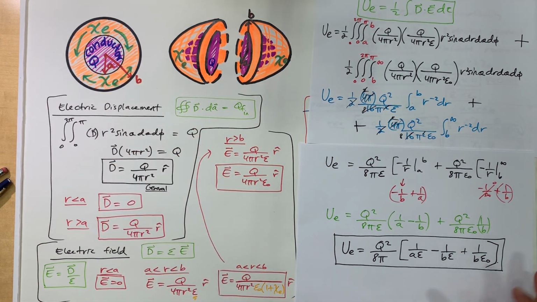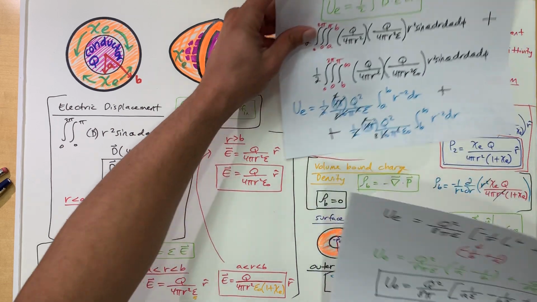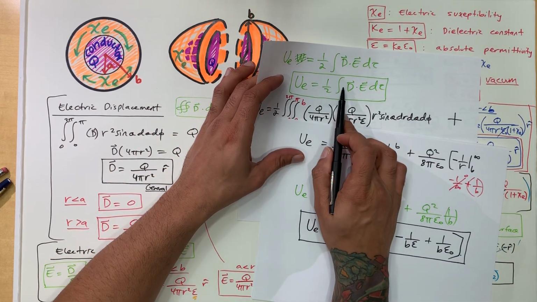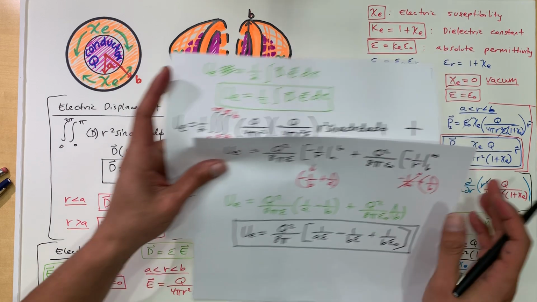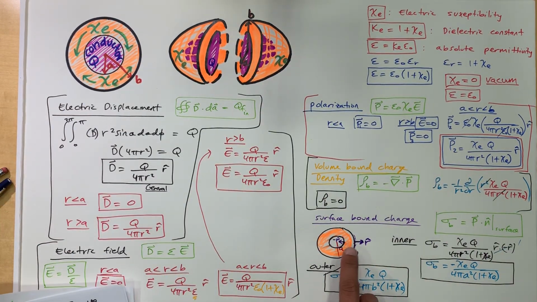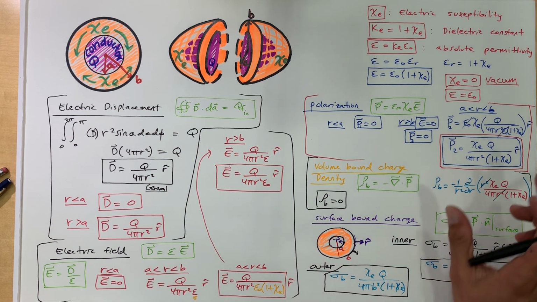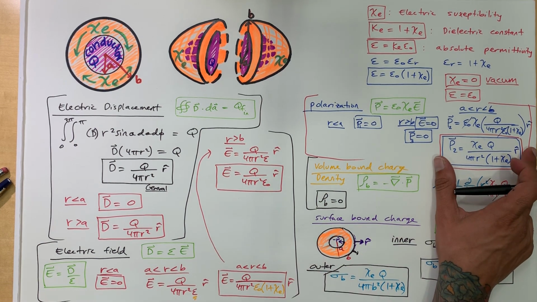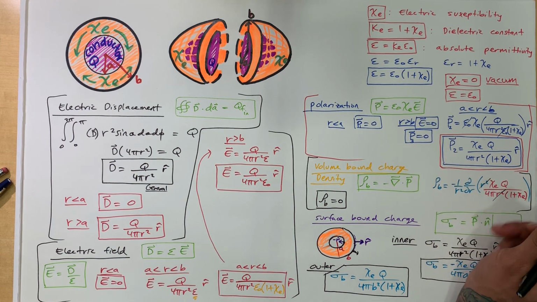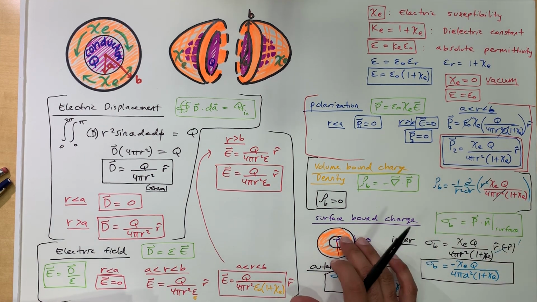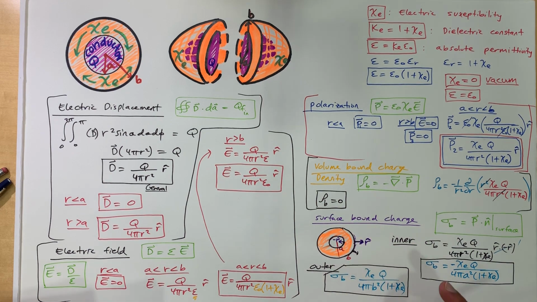Okay, so this equation we already know from the previous examples. We need to watch out for the surface bound charge, especially if we're dealing with plates or spherical capacitors. And what other little booby traps? I think that's it. This one's pretty straightforward. So this right here is kind of like what bothered me when I was doing it.